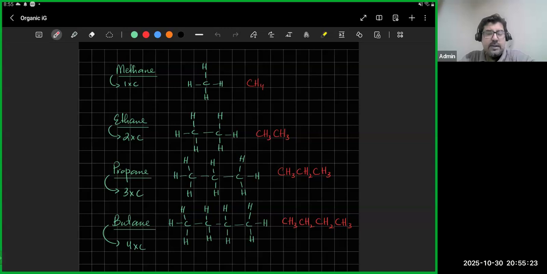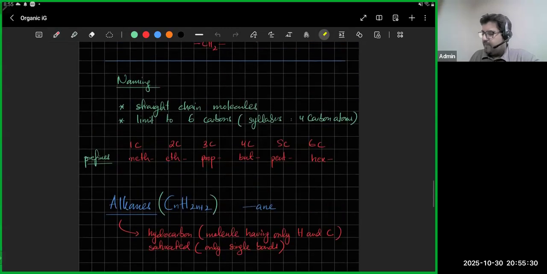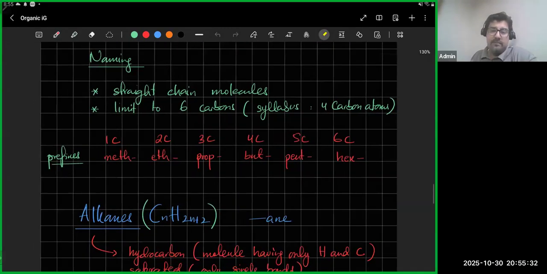We started with alkanes, and I told you there was a system for counting or naming. The starting name was based on the number of carbon atoms: meth, eth, prop, but, pent, and hex. So whenever you hear the term "but," that means 4 carbon atoms. Eth means 2 carbon atoms.